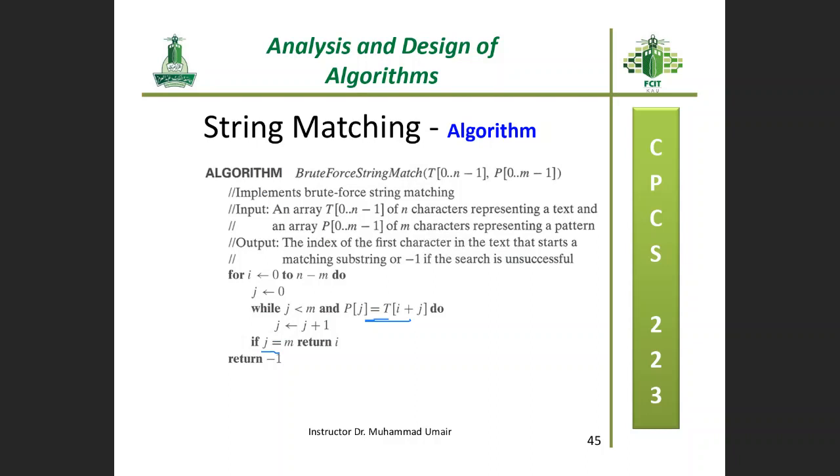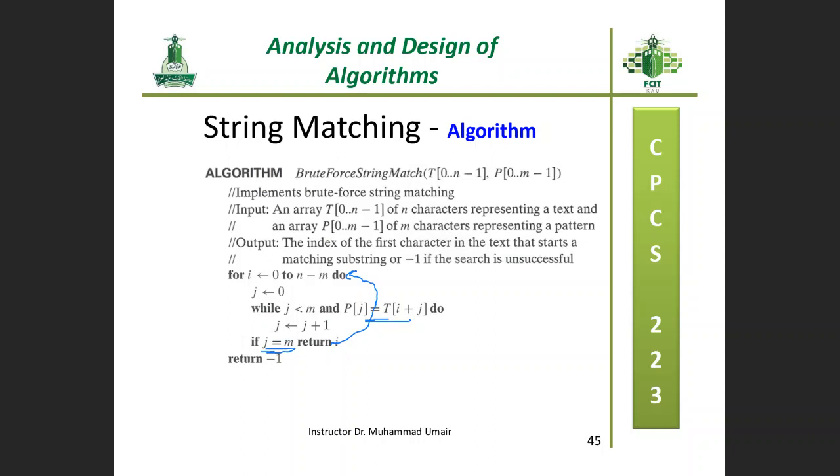It will be decided on the basis of the j value. If j is not equal to m, it means at least this comparison is not true. So you will go to the next iteration. It means you will shift the pattern one character ahead so that you can start comparing with the next group of characters. Is that clear?